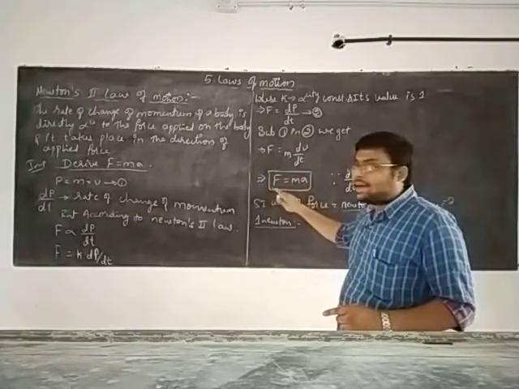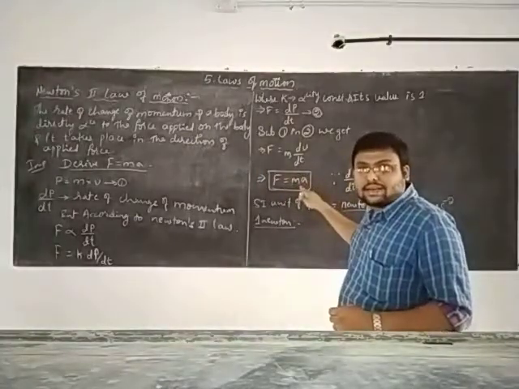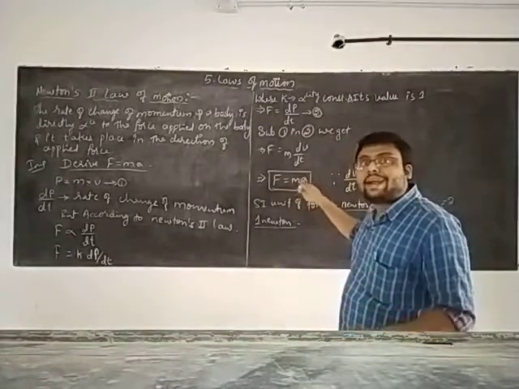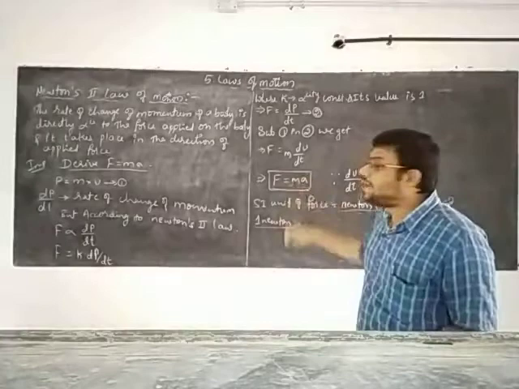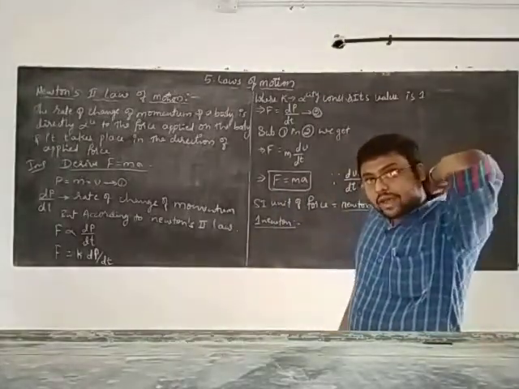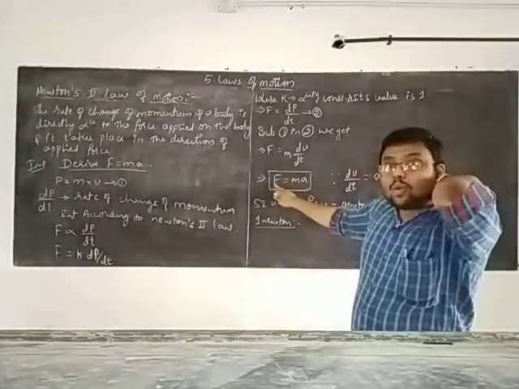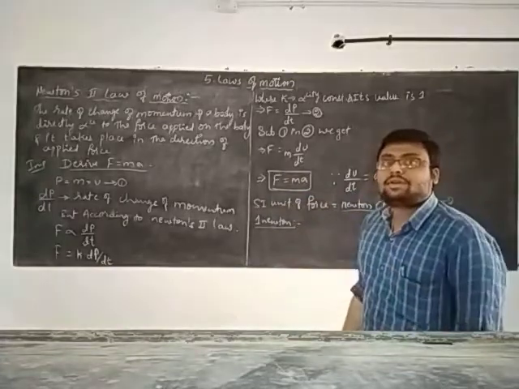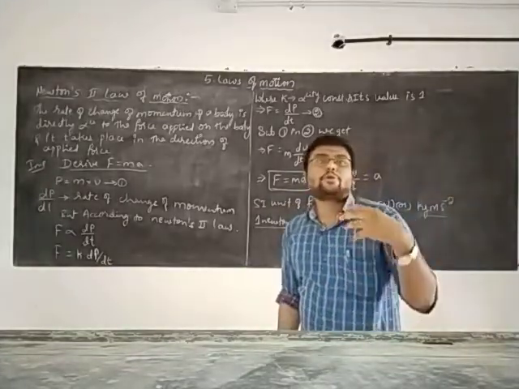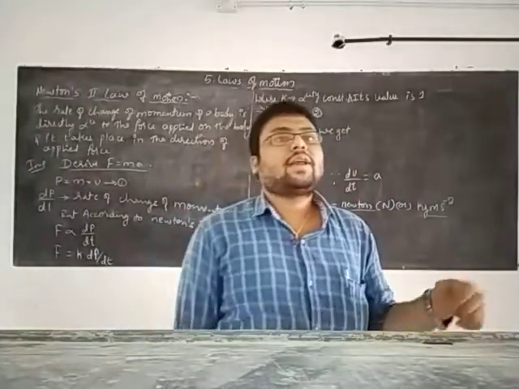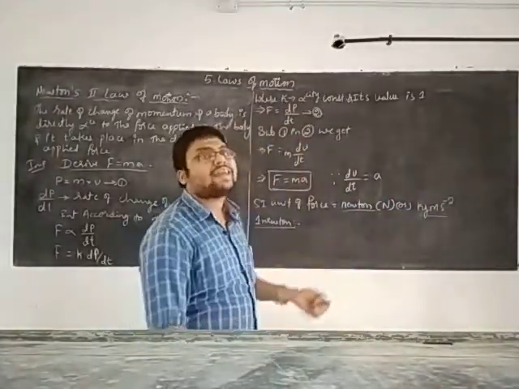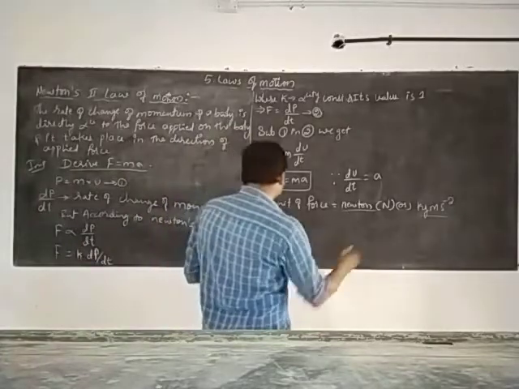Then, at the RHS, m should be 1 and a should be 1. Means acceleration should be 1 meter per second square and mass should be 1 kg. Then only we can get 1 Newton.